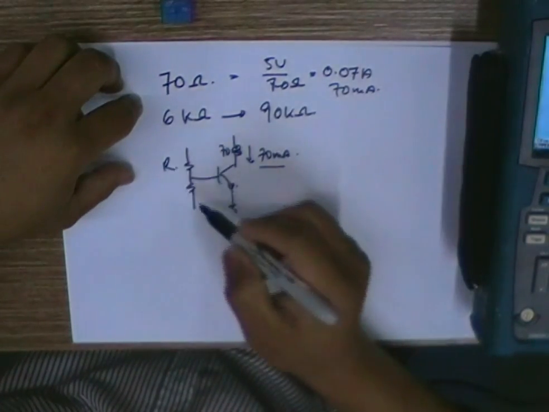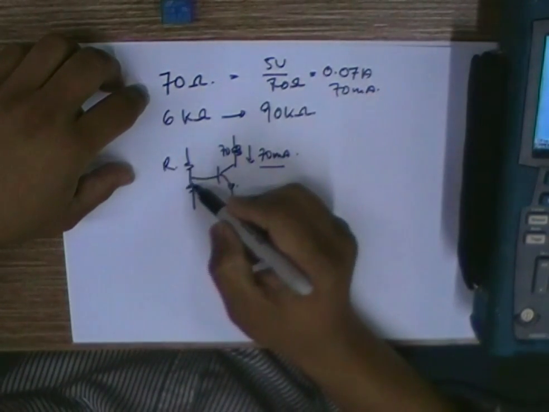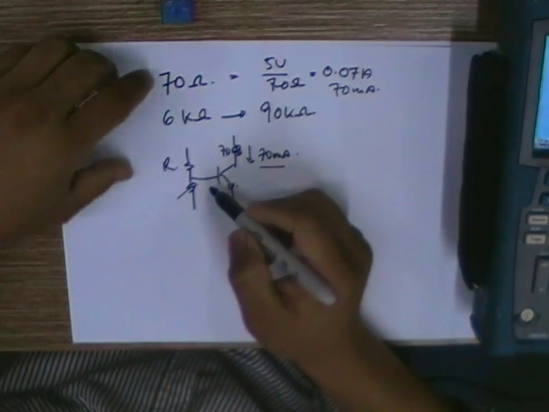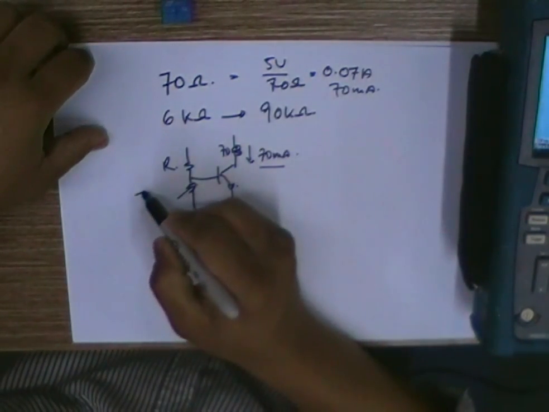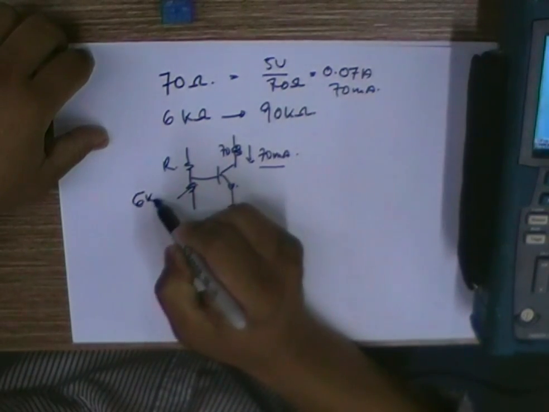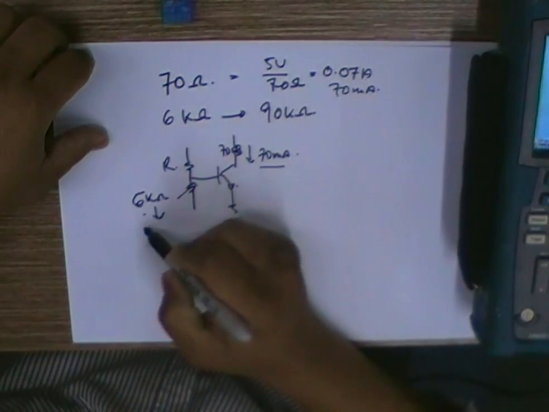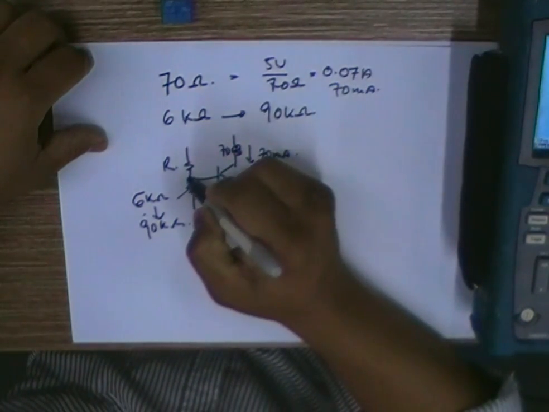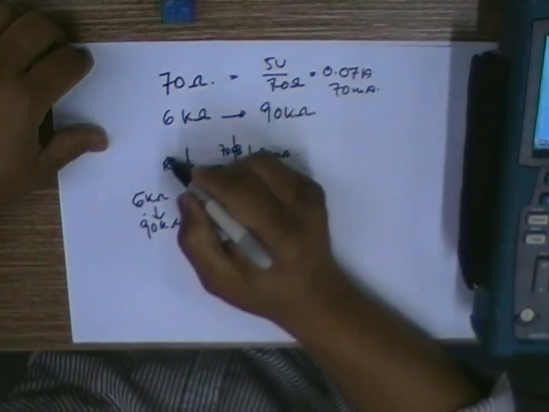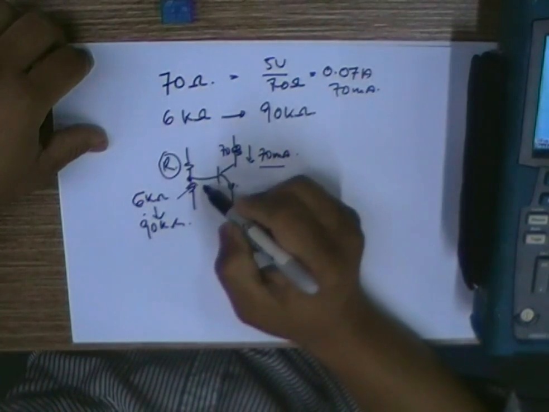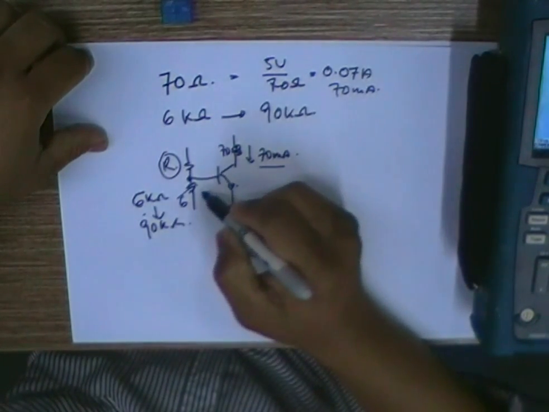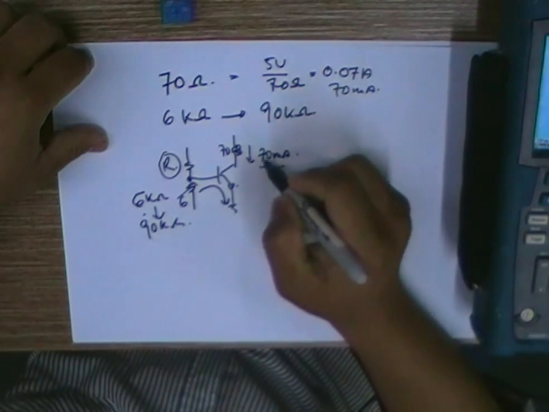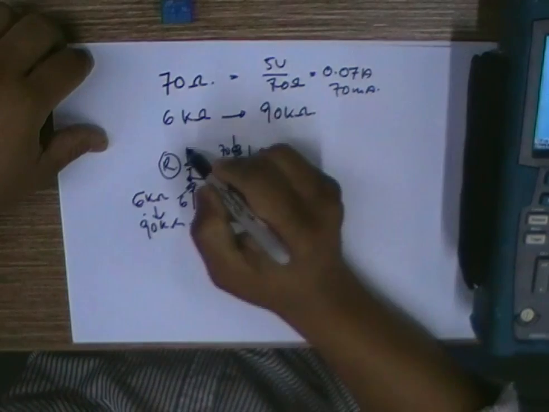You need to find R, to set this, and you know this is the variable resistance, which is the LDR, that runs from 6 kilo ohms to 90 kilo ohms. So you need to find this value, so that when this is 6 kilo ohms, this will give you 70 milliamps in your IC.